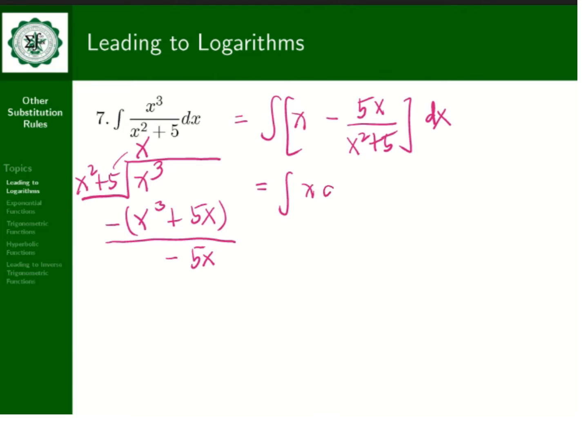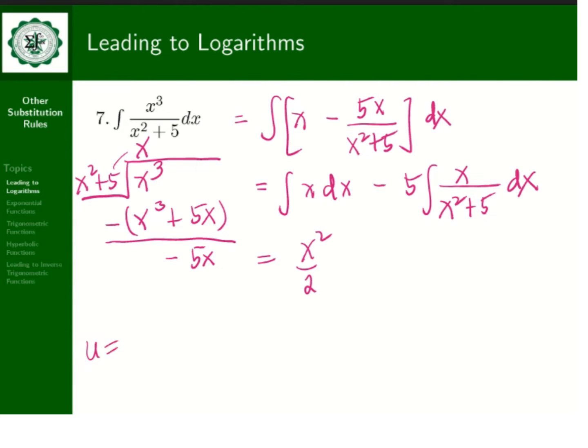We have x dx minus, let us factor 5, x over x squared plus 5 dx. For the first term, the integral of x dx is x squared over 2. While for the second term, we are going to let u be the denominator x squared plus 5, and du is equal to 2x dx.